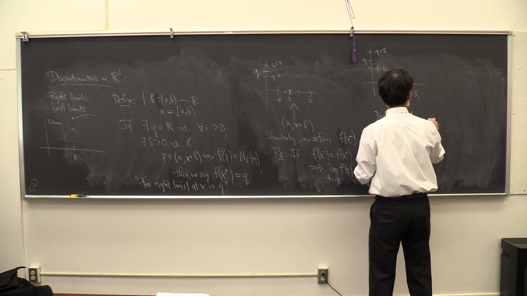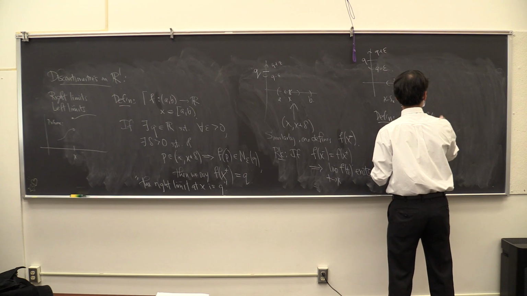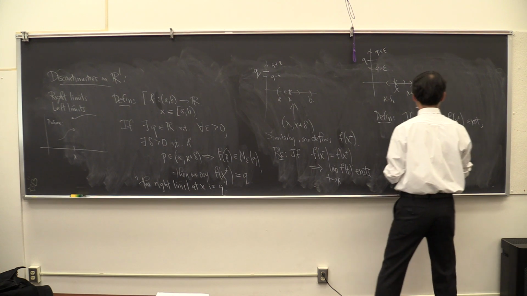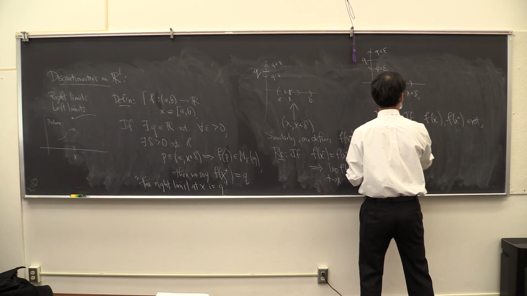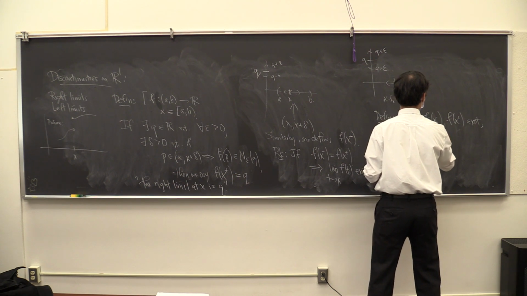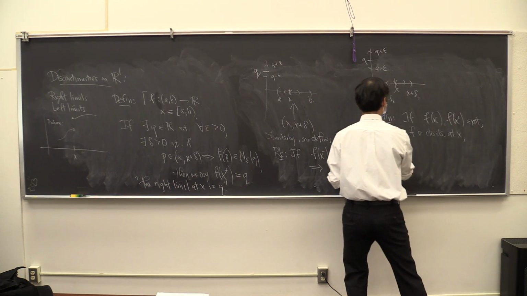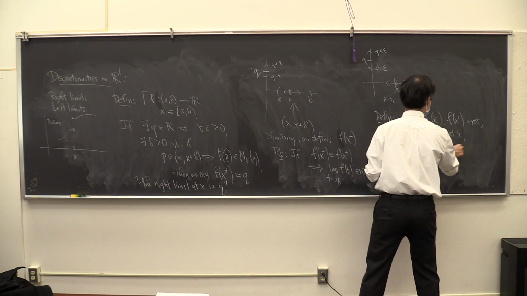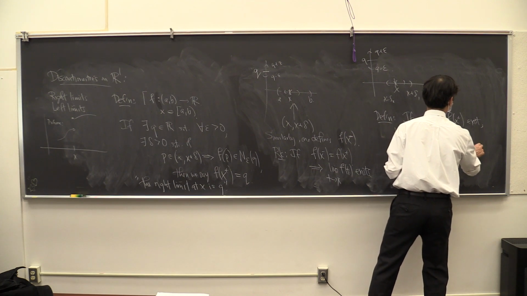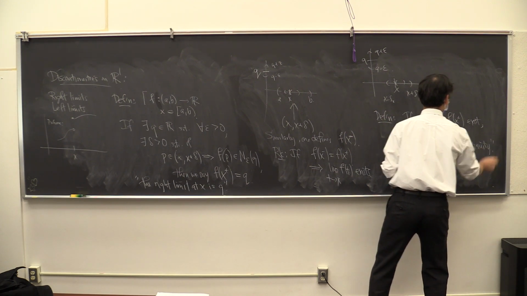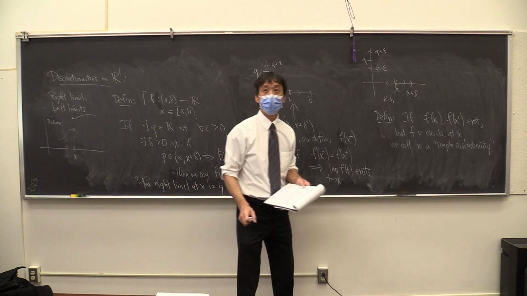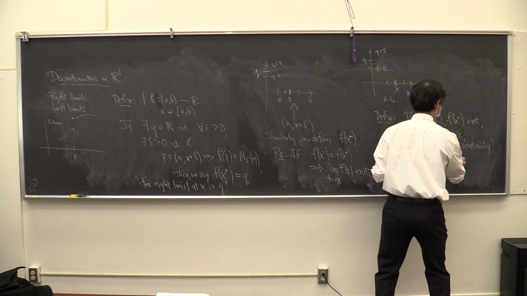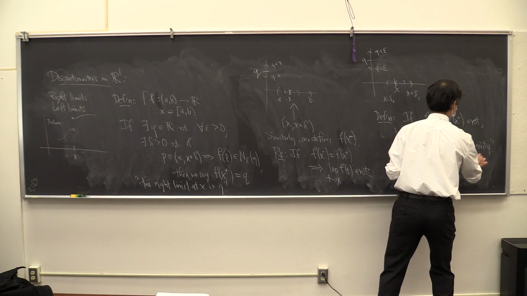If the left limit and the right limit exist, but f is discontinuous at x, we call x a simple discontinuity, or a type 1 discontinuity.